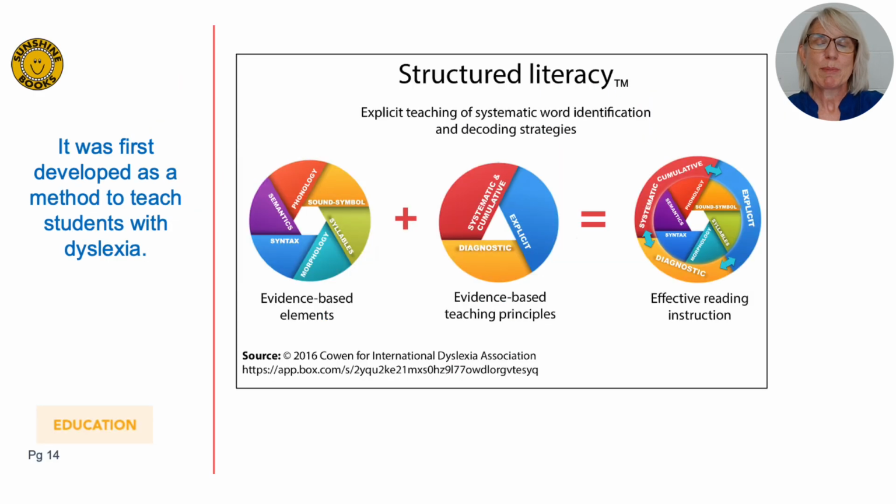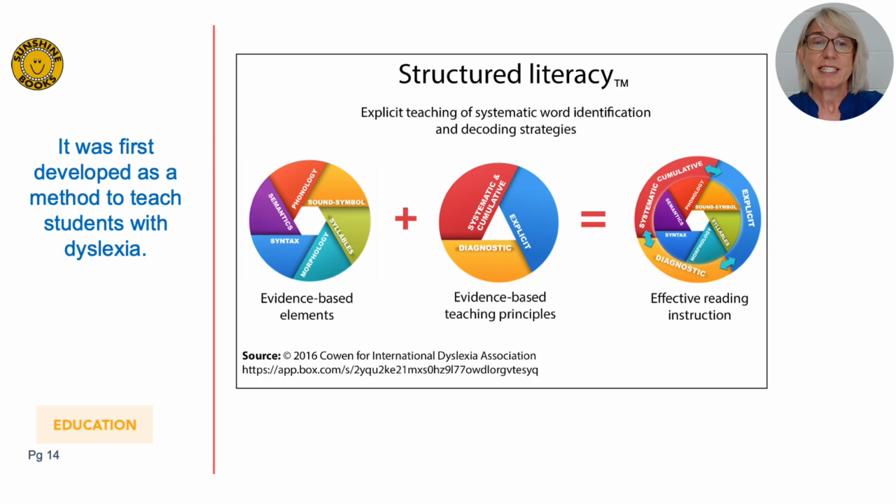We'll quickly summarise the definition of structured literacy, revisiting the 2016 International Dyslexia Association infographic we looked at in Module 1. Structured literacy is a term defined by the International Dyslexia Association to describe a unifying, evidence-based framework for reading instruction.